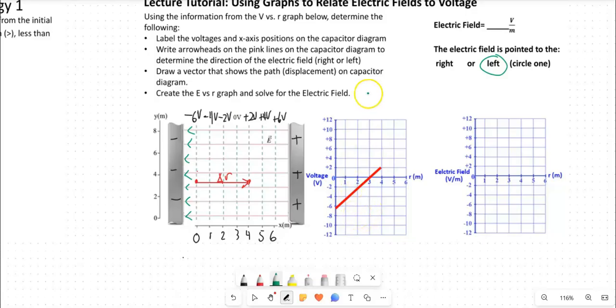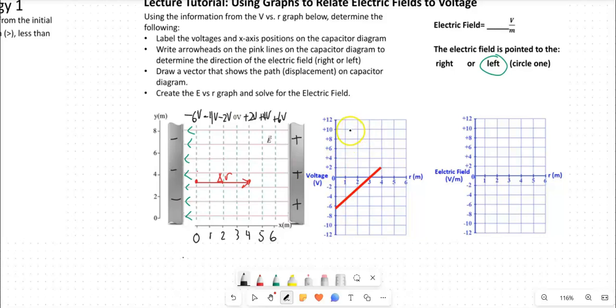We're going to use this graph to calculate it. As you saw in 3.2, there was a quick, easy way to see that our voltage is changing in the positive direction. It's changing by 2, 4, 6, 8. Again, 2, 4, 6, 8.